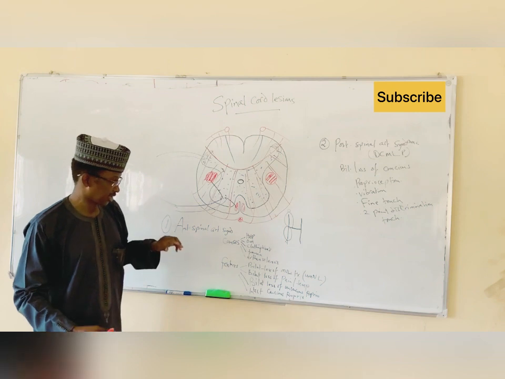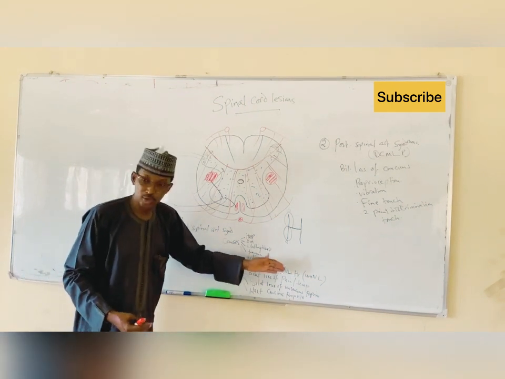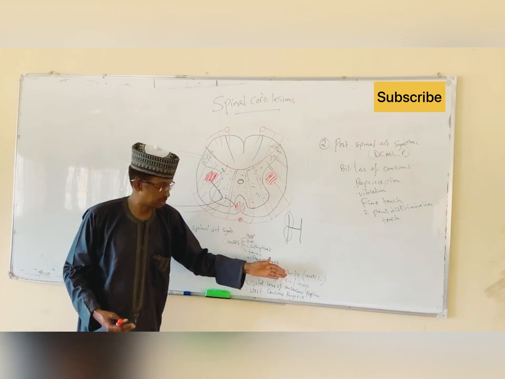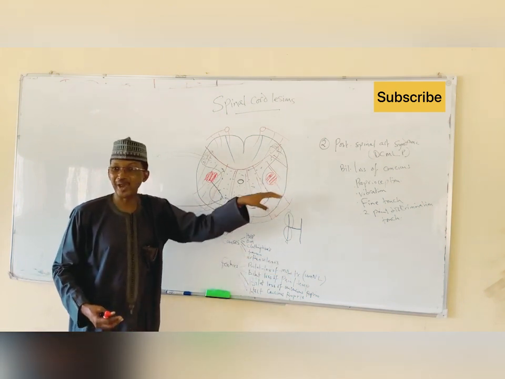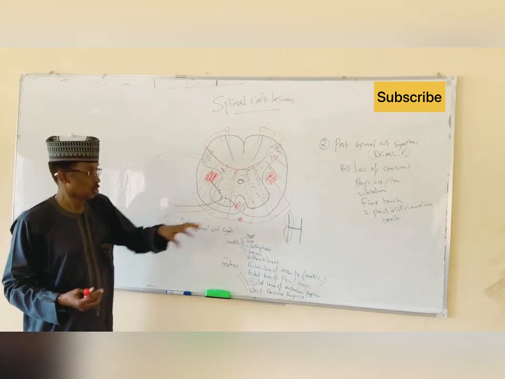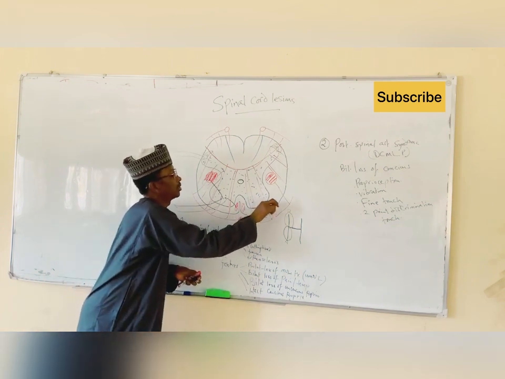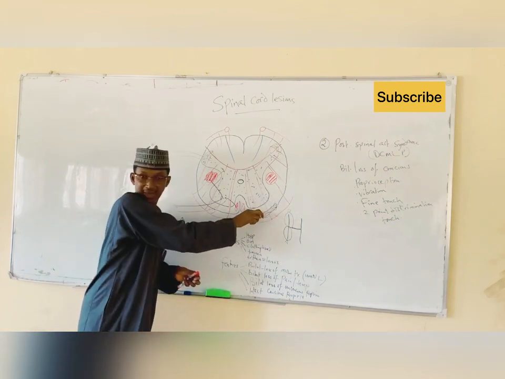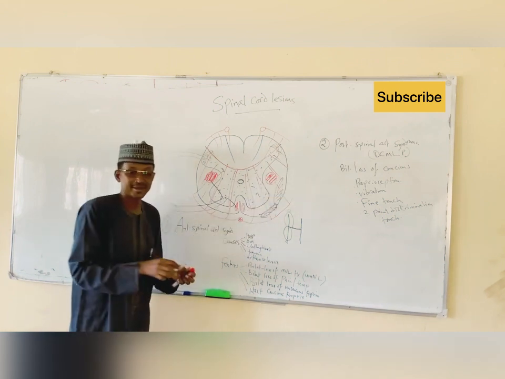sensation. What we mean by bilateral loss of unconscious proprioception, if you can remember, we have what we call dorsal and ventral spinocerebellar tracts. I'm sure you are aware of that. So we have our dorsal, we have our ventral spinocerebellar tract here. We have our dorsal spinocerebellar tract here.